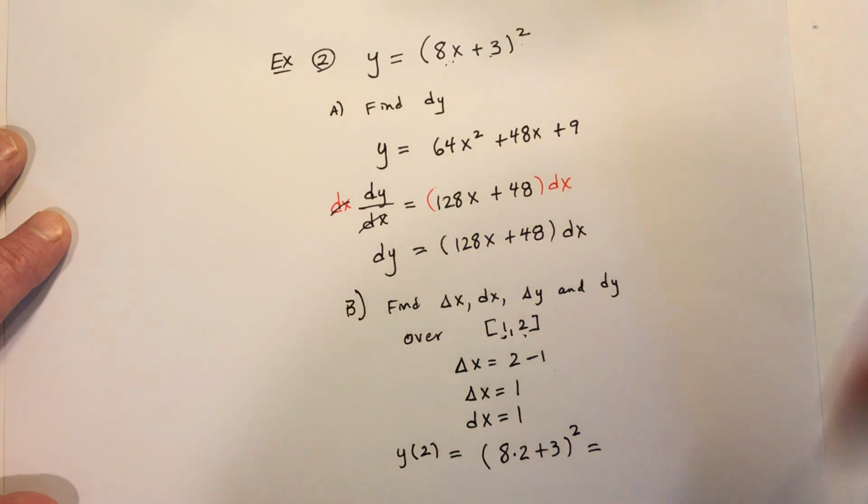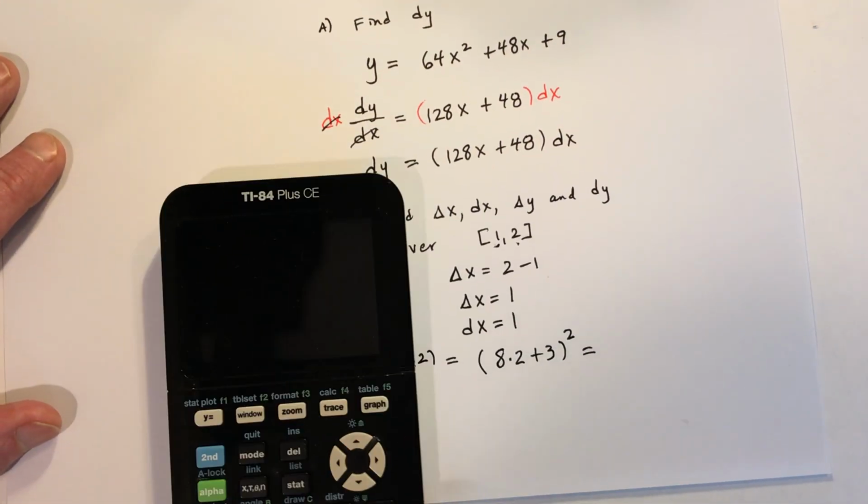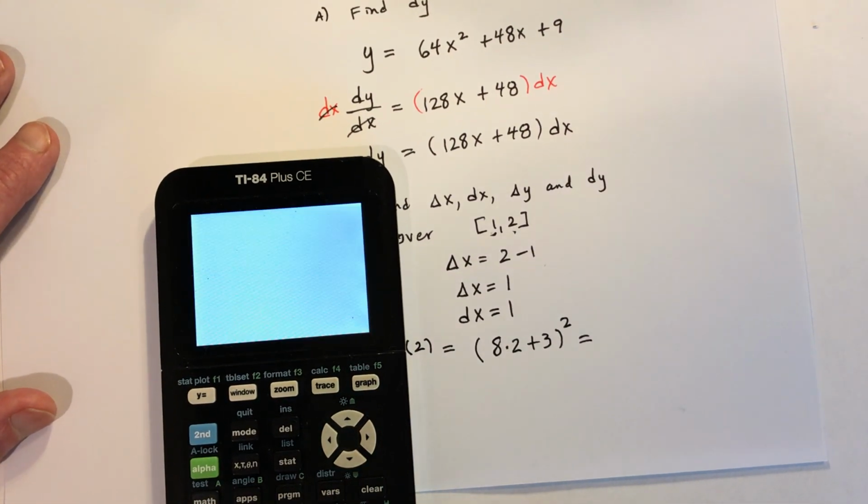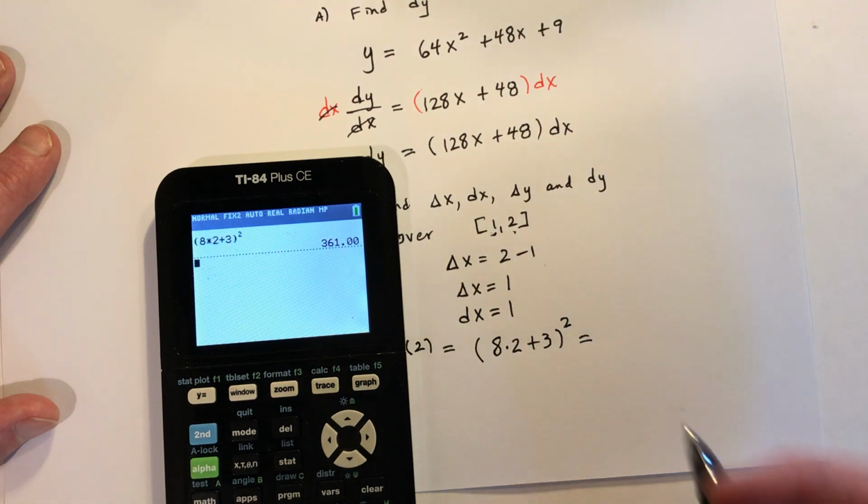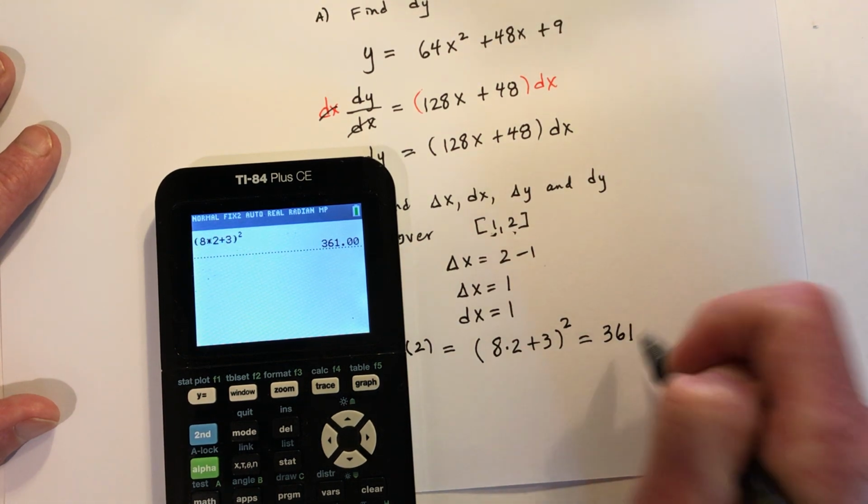And that's going to be some big number. So big, I'm going to use my calculator. So what is 8 times 2 plus 3 if the whole thing gets squared? It's 361.